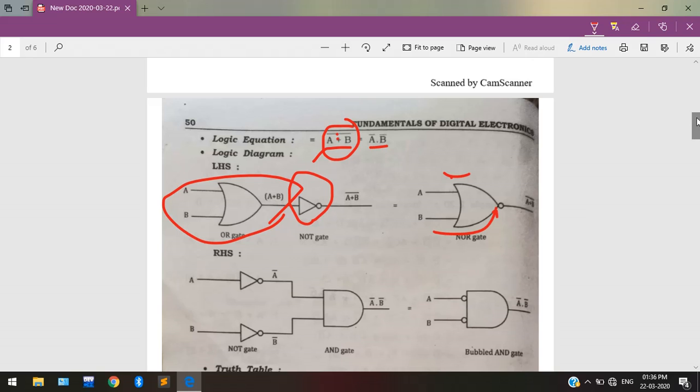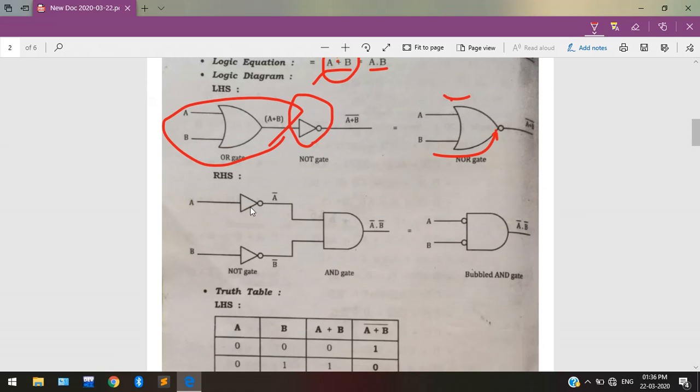A bar means we are using a NOT gate here, and this is another NOT gate: this one is for a bar and this is for b bar. So a bar dot b bar is the output of the RHS.